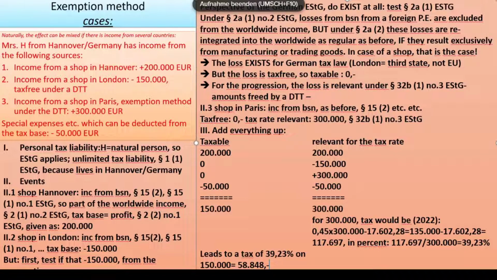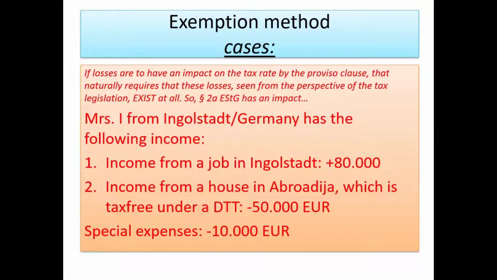So let's look for the next case. So here we are again. Now there is another aspect. If a loss shall have an impact on the calculation of the tax rate, then we naturally need, logically, that this loss exists at all from the perspective of German law.